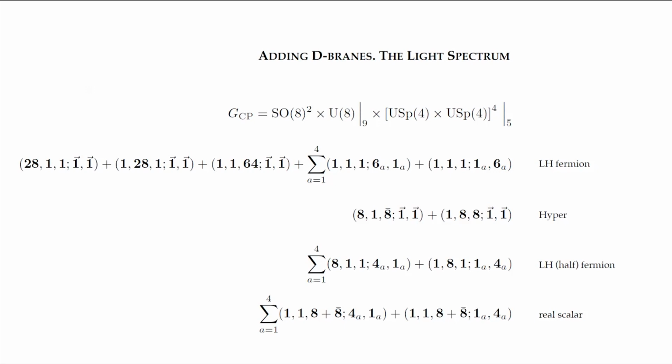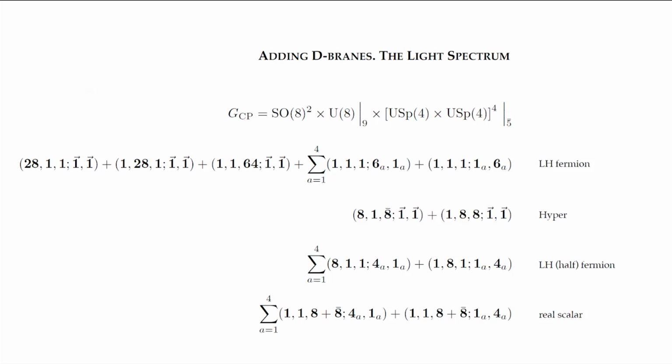But then, let's concentrate just on the scalars. You can have hypermultiplets on the D9s, which are in these bifundamental representations, and also some real scalars, which are in this bifundamental representation between, and I will comment about it later, the unitary gauge group which lives on the D9, and the various symplectic gauge groups which are associated to the anti-D5 branes.